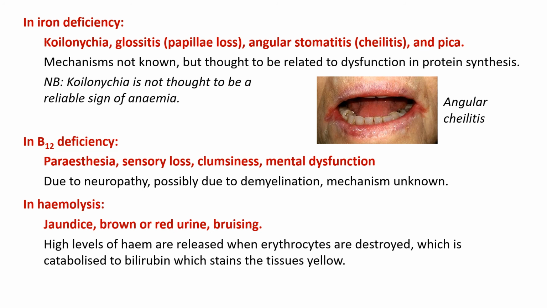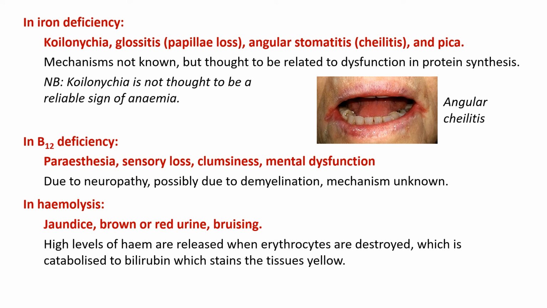In the first instance it's unconjugated, and then it's conjugated by the liver, by the hepatocytes, for excretion. If there's large amounts of breakdown, there's going to be large amounts of bilirubin that the liver can't cope with, excretion pathways can't cope with. So we get a build-up of bilirubin, and bilirubin stains the tissues yellow.